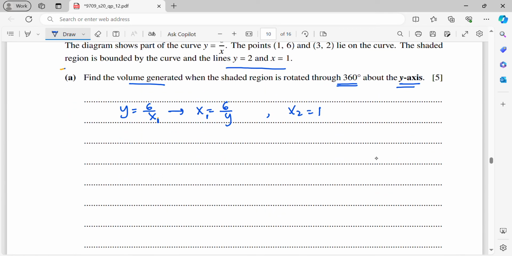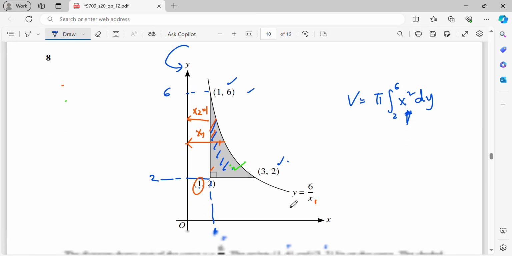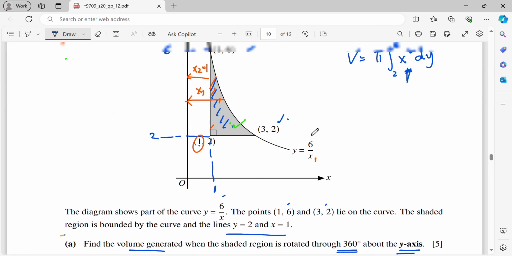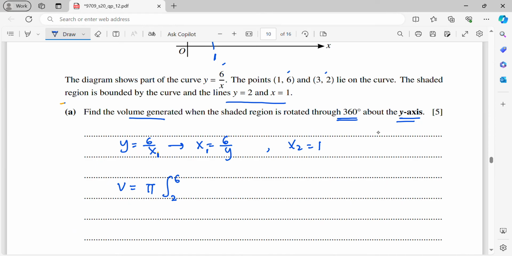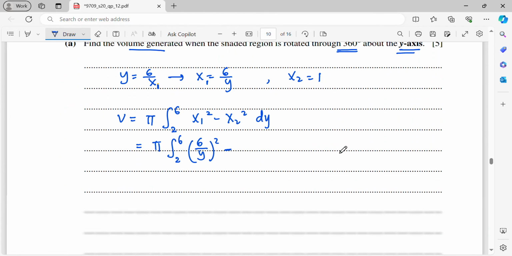So now my volume equals pi integrated from 2 to 6 due to the y coordinates, x1 squared minus x2 squared, because x1 is longer, then dy. Then from here, I will write pi integrate 2 to 6. My x1 squared is (6 over y) squared. My x2 squared is basically 1 squared.